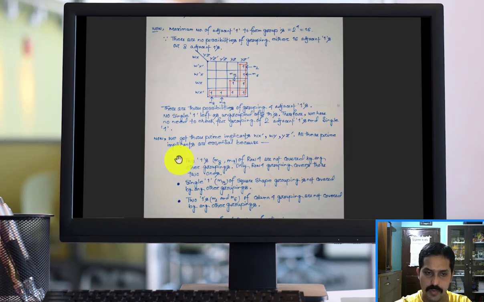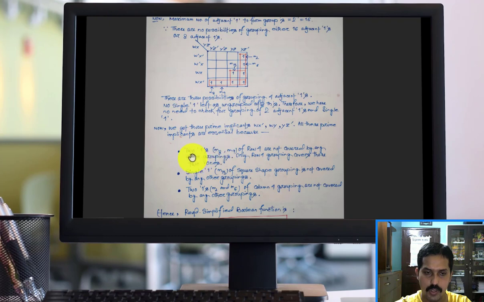So all these prime implicants are essential because two ones, M8 and M9 of row 4, are not covered by any other grouping. Only the row 4 grouping covers those two ones, right? I said just before. The single one, M15, means this square-shaped grouping is not covered by any other grouping.